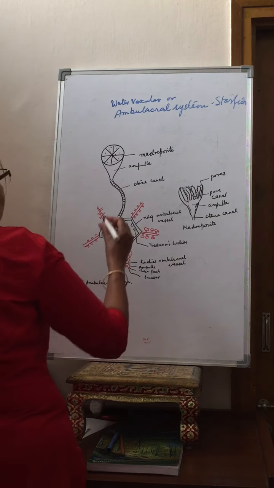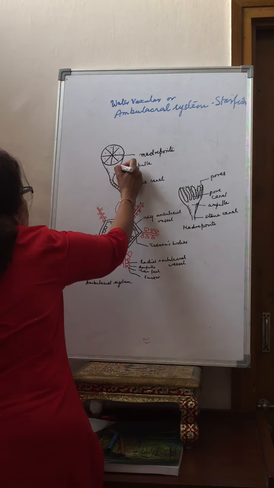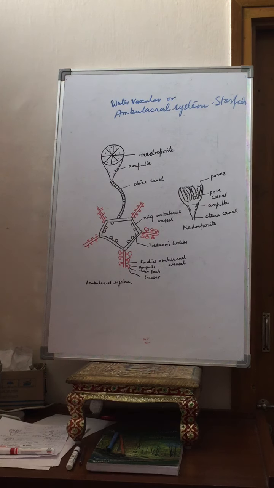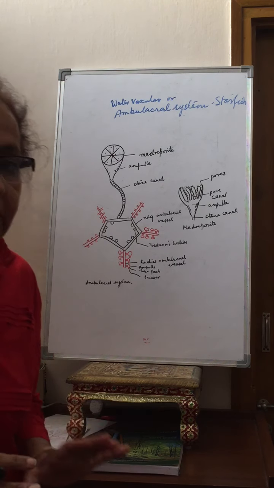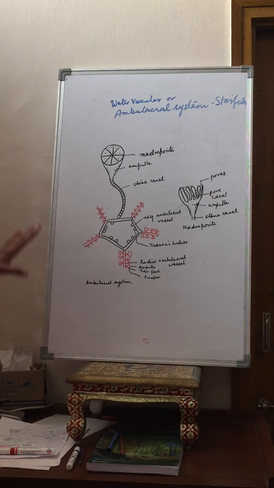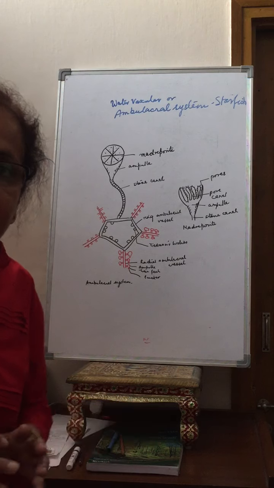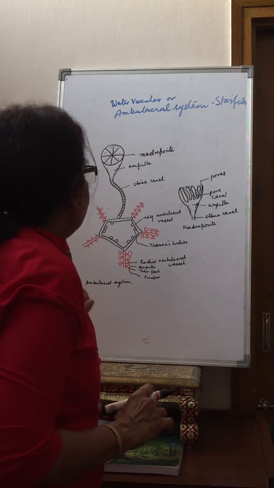The ampulla is also ciliated. This ambulacral system is unique to echinoderms and is derived from the perivisceral coelom.